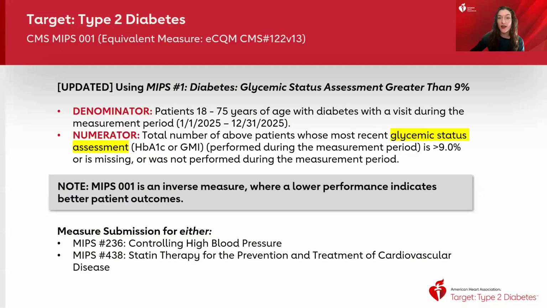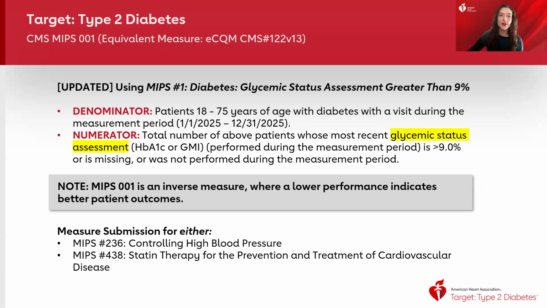The measure itself changed only a little bit. We continue to ask for CMS MIPS 01, but you'll note that the name of the measure changed from Diabetes: HbA1c Poor Control to Diabetes: Glycemic Status Assessment Greater Than 9%. The denominator continues to ask for patients aged 18 to 75 years who have diabetes and had a visit during the measurement period.